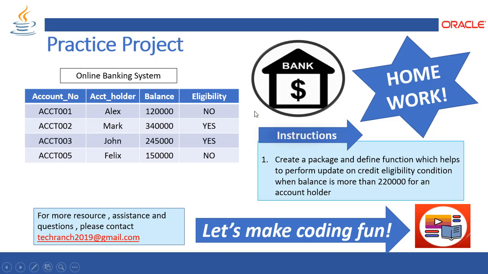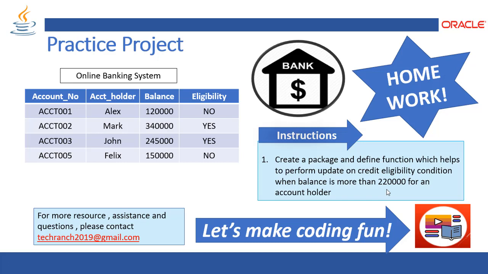You are going to implement a function which checks the eligibility of an account holder whose balance is more than 222K, who has to be eligible for the credit card.